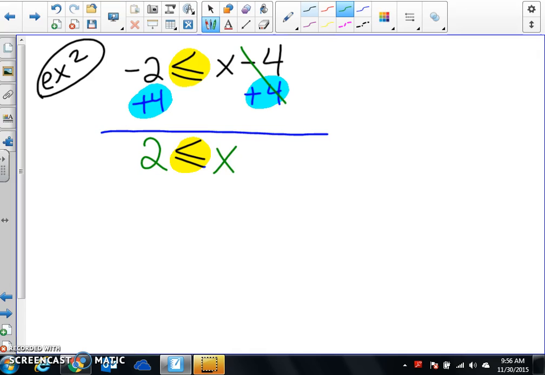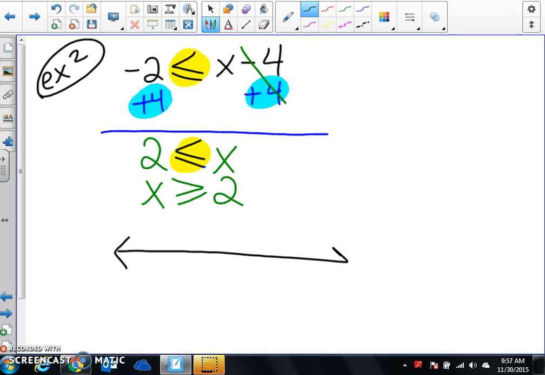Now, remember, at this point, you can go ahead and flip it, or you can keep it like it is, but this is the same thing as x, 2. Remember, the inequality is eating the x, right? They want to eat the bigger number, so it has to eat the x over here, so I flip it. Now, I can go ahead and graph it. 0, 1, 2, negative 1, negative 2, negative 3.